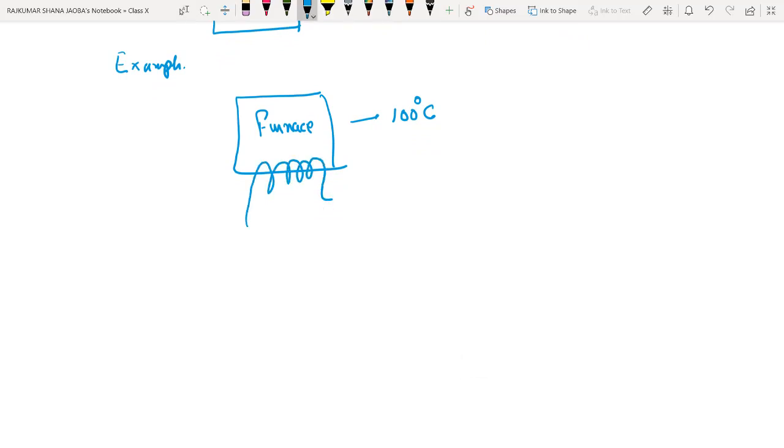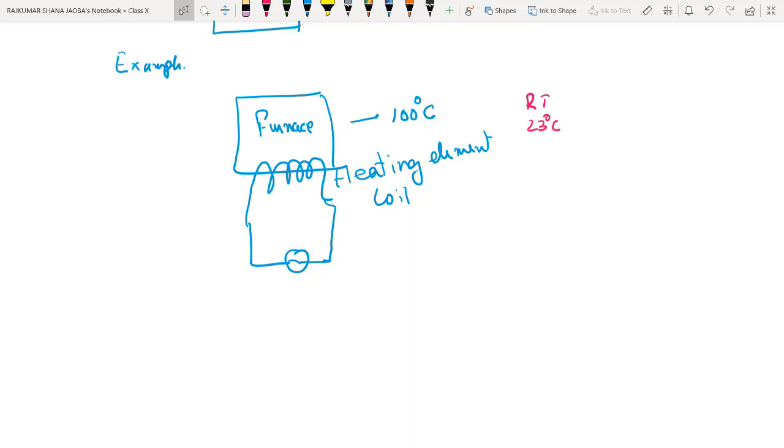We connect a heating element coil, and when current passes, because of the heating effect of current, heat increases. Say from room temperature, some 23 degrees Celsius, the temperature increases: 90, 95, 96, 97, 98, 99, 100.